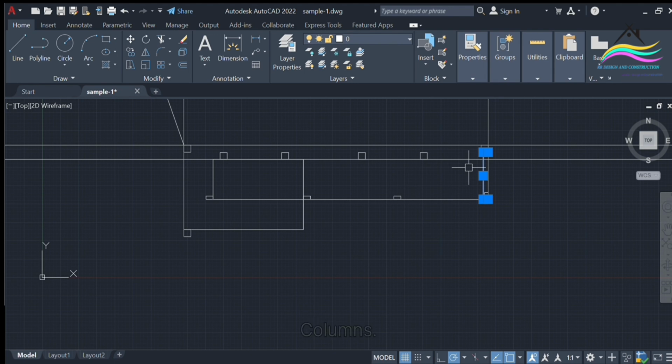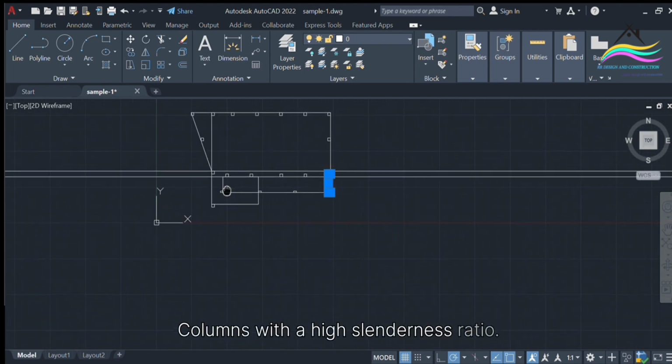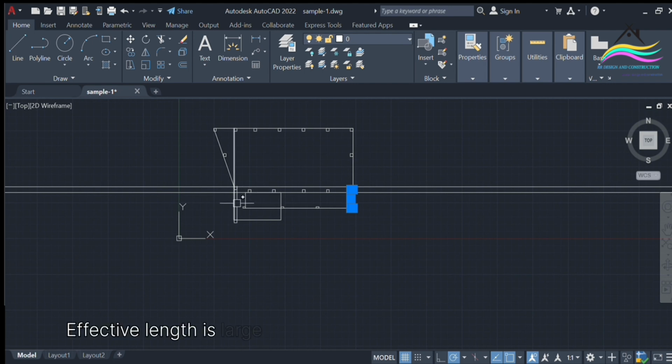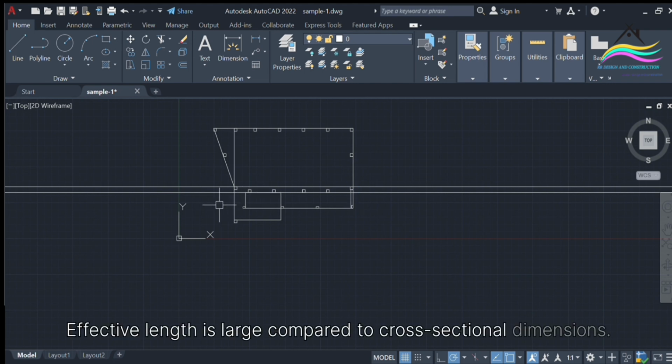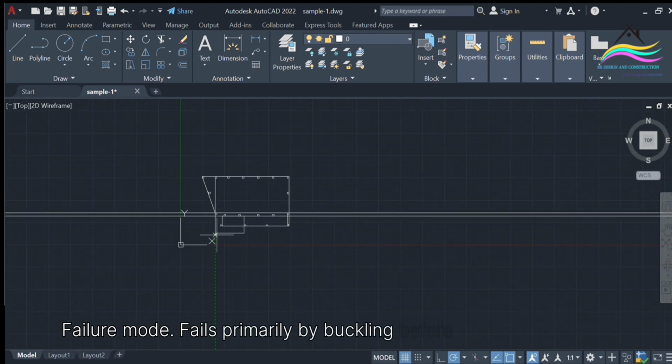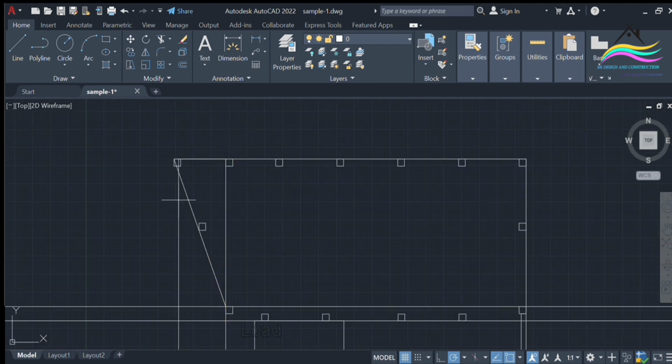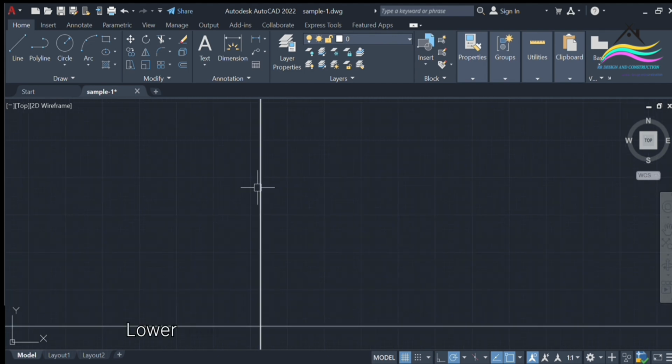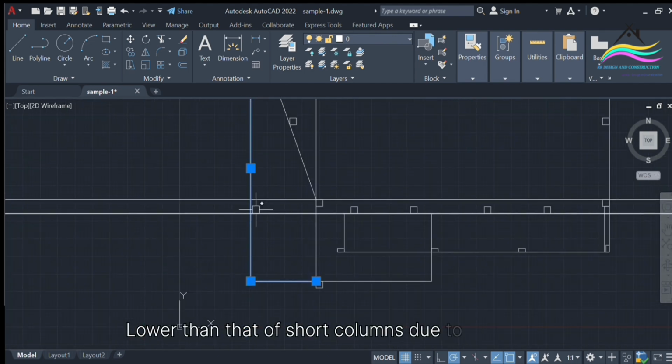2. Long, slender columns. Definition: columns with a high slenderness ratio, where effective length is large compared to cross-sectional dimensions. Failure mode: fails primarily by buckling before the material yields. Load carrying capacity: lower than that of short columns due to instability.